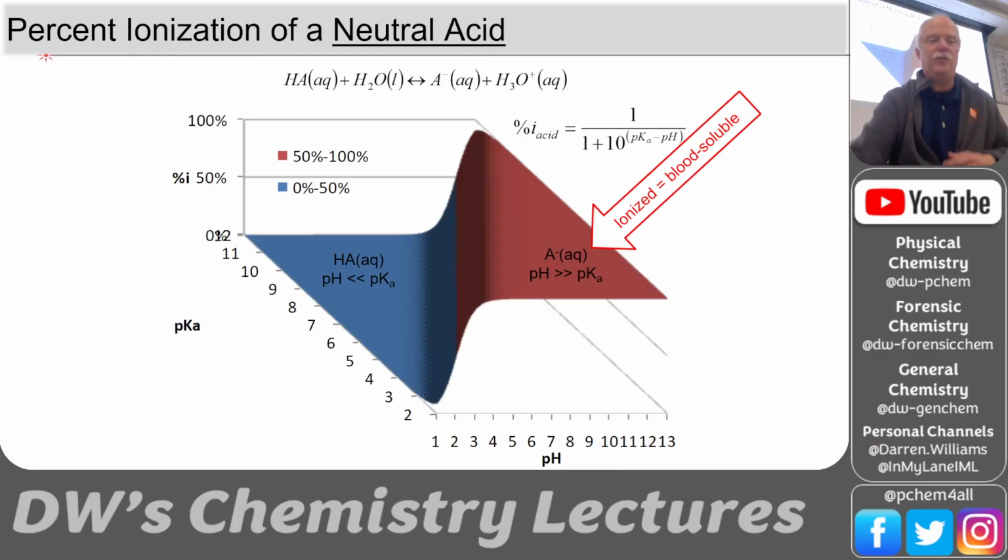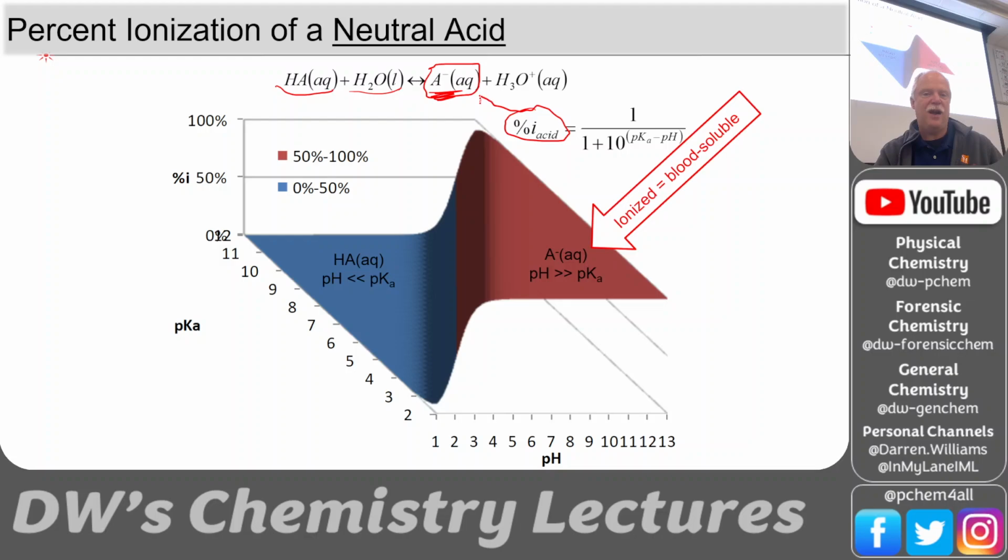So if we have a neutral acid and it reacts with water, it'll produce this anion, and that's what we're talking about. That's the ion. This is the ionization piece, and this is telling us the percent of this guy right there. It's a product. All we need to know is the pKa and the pH of the solution.